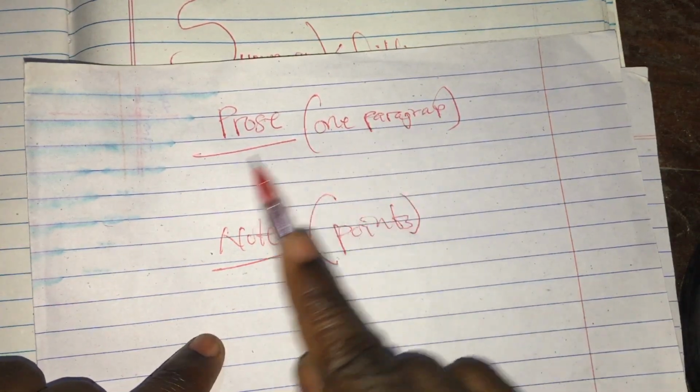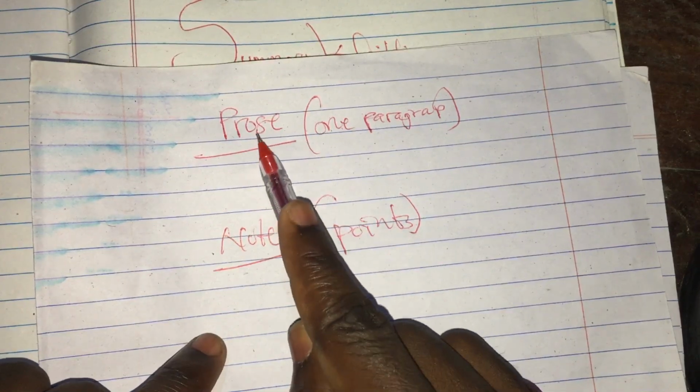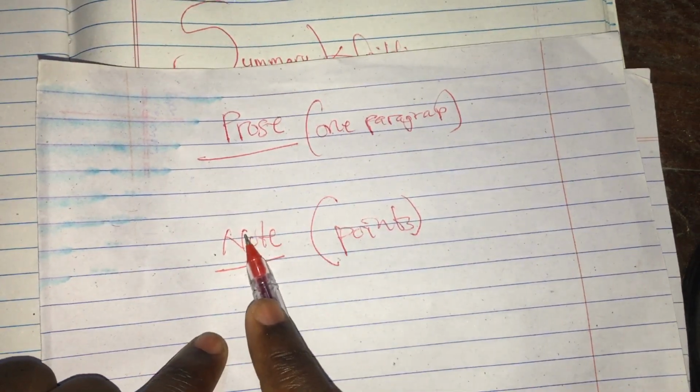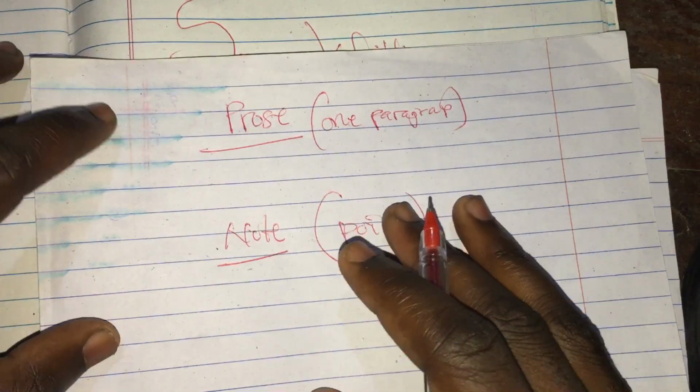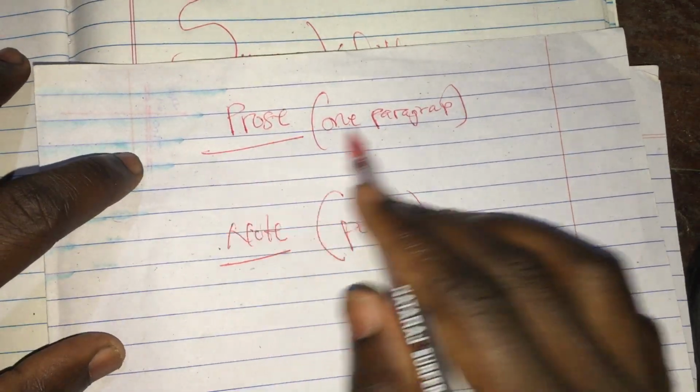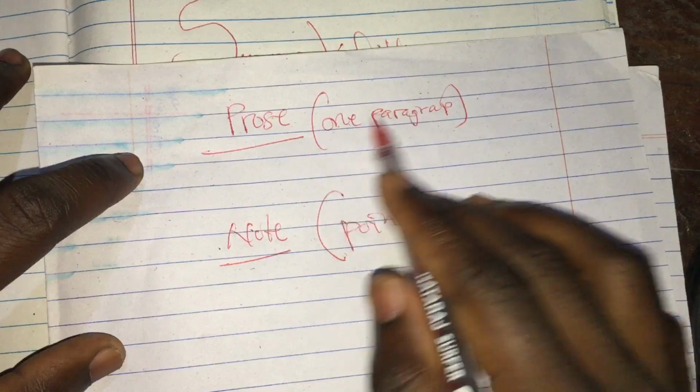how is the question asked? How can you know that this is a prose or a note summary? So questions, they ask in this way. For a prose summary, they'll even give you the word limit.